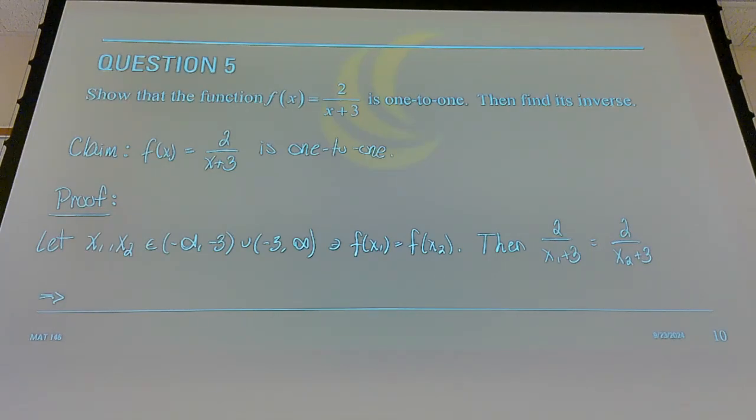So if the numerators are already the same, that means your denominators also have to be the same. And if you don't believe me, go ahead and cross multiply. You're still going to wind up dividing by 2 to get the same thing.